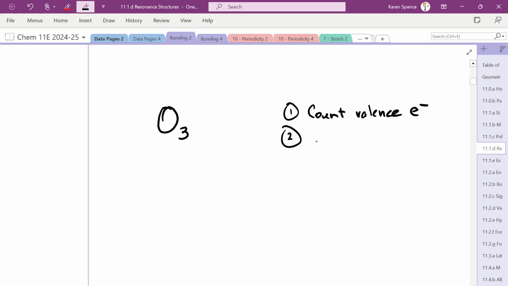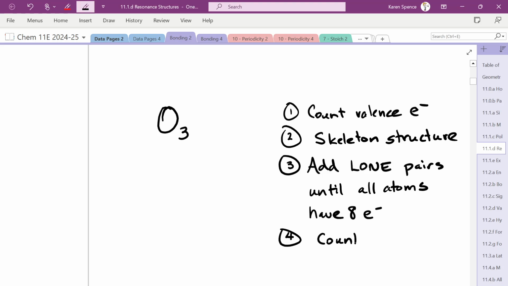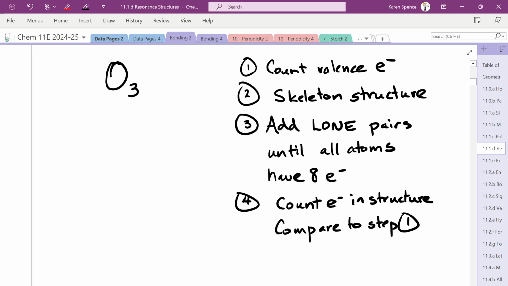What else do we do? So start with your first 4 steps.